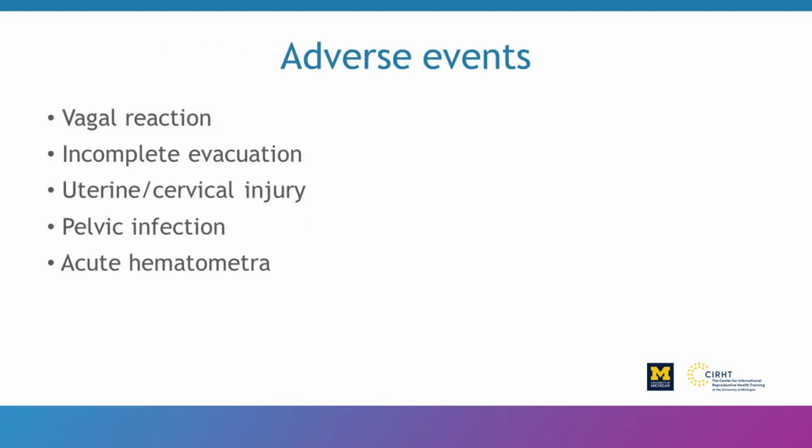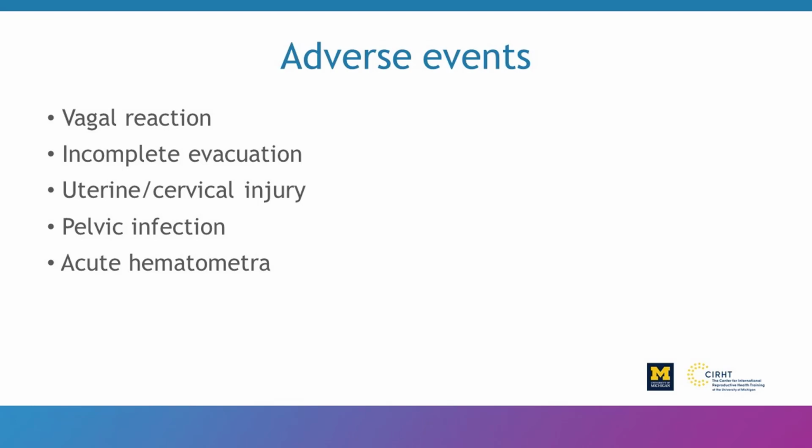So MVA is a very safe surgical procedure in first trimester pregnancy. If a provider is skilled enough, complications are usually extremely rare, especially when we compare it with the surgical method. So manual vacuum aspiration is very safe.